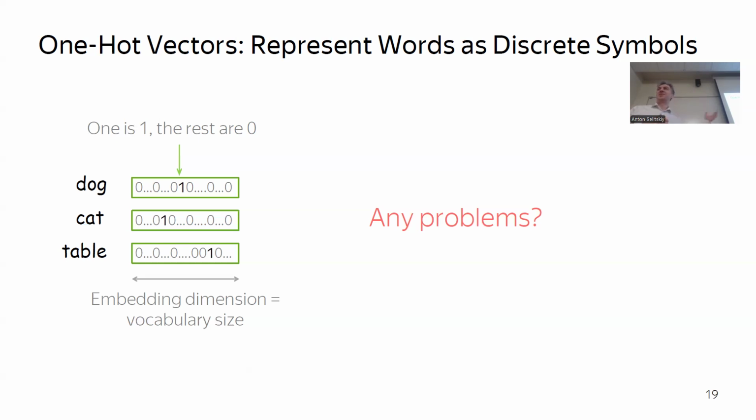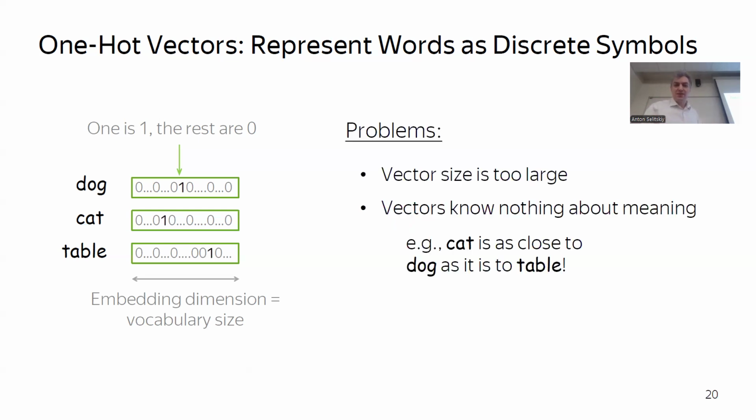What follows from this equal distance? Does it mean you have no notion of similarity? Yes, and similarity relates to some meaning of the words. So this representation doesn't reflect any higher level information about the words.